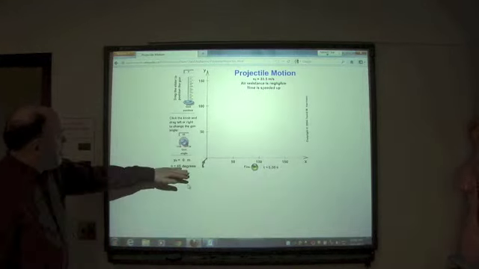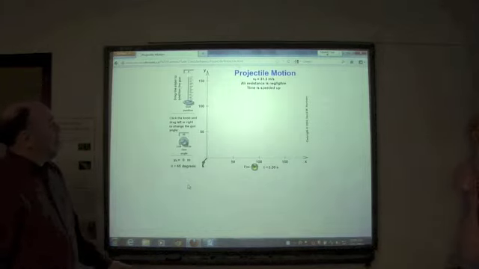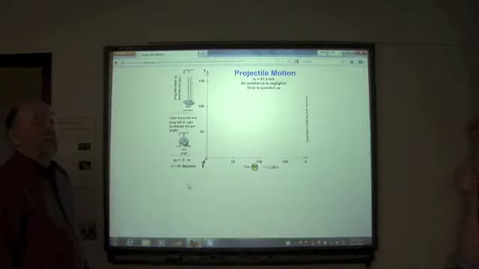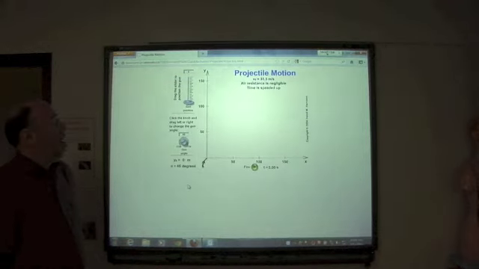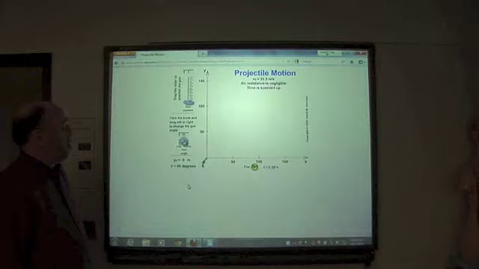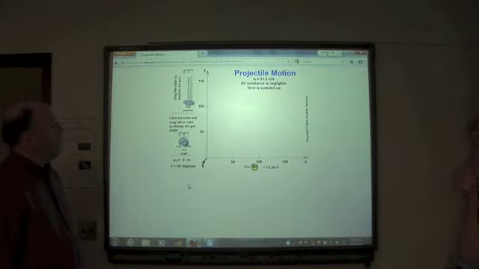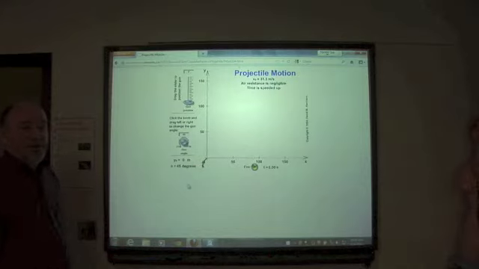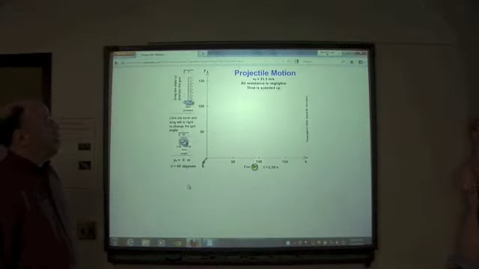So first off, in terms of my launch angle, if everything is equal and you want to get maximum distance, you would shoot the projectile at a 45-degree angle. That gives you maximum distance. Right? And then you change that depending on the wind, whether it'll help your shot or not.